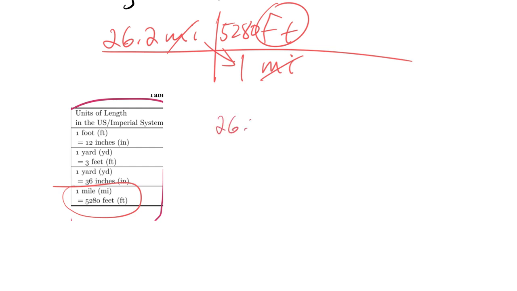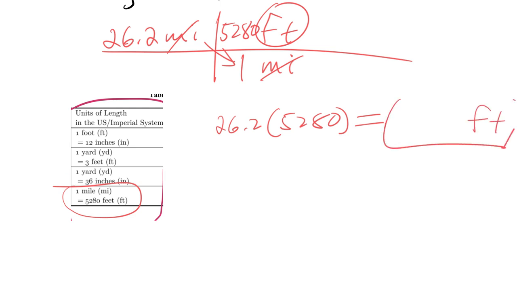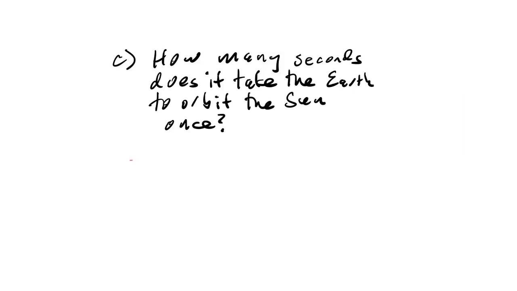So 26.2 times 5,280 divided by 1 is equal to, take out your calculator, and I get 138,336 feet.